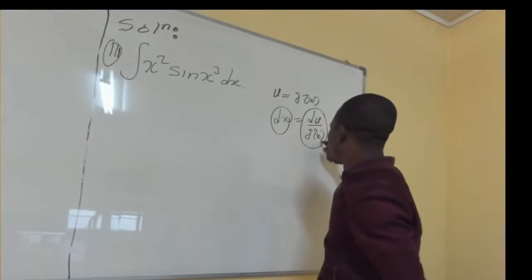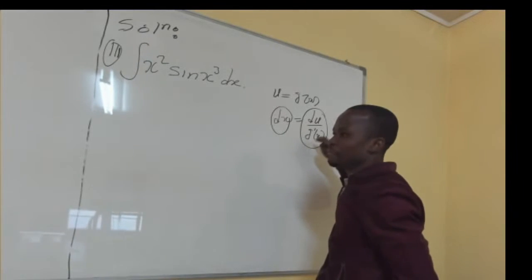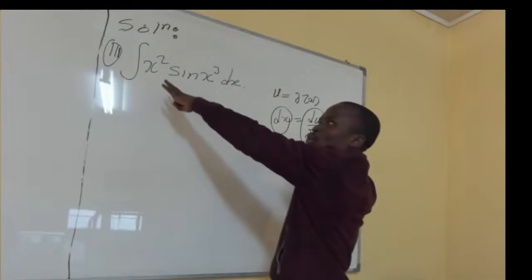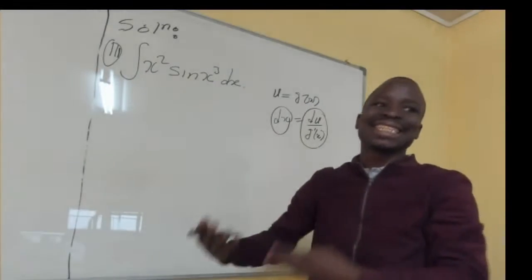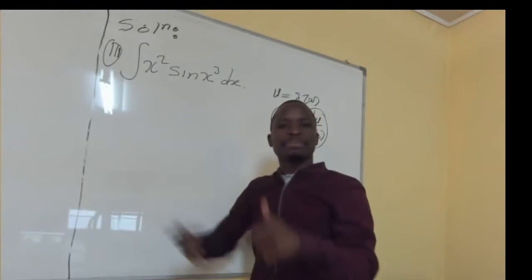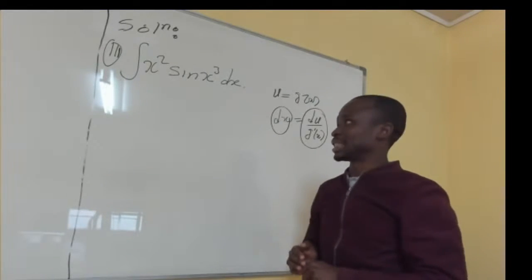So this g prime of x, whichever function it is, should cancel with something here that will make my integration simpler. It should simplify your process of integration.